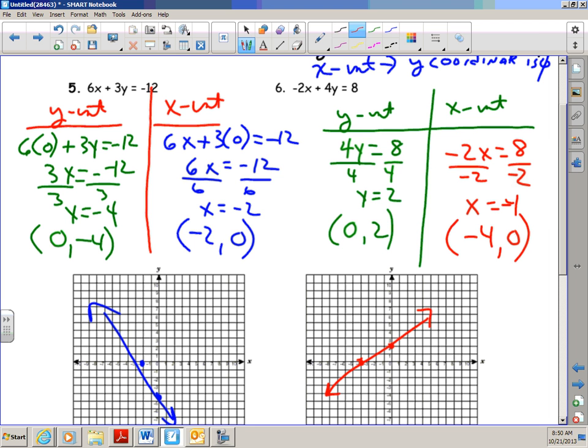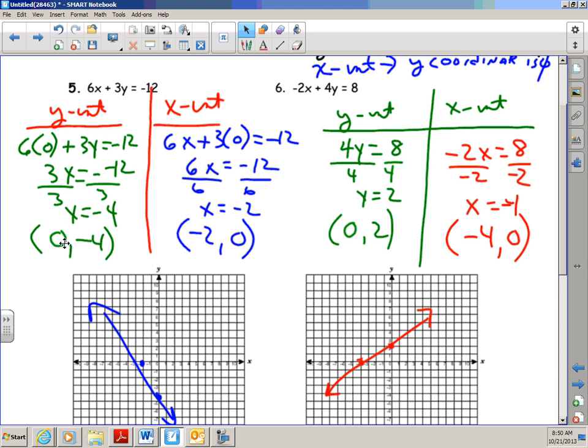Okay? So what you saw in today's lesson was 3 different methods to graph the equation of a line. Using the slope and y-intercept, creating a table of values, and using the x and y intercepts. When you think back on this, method 1 is clearly the easiest method, especially if your line is already in the form y equals mx plus b.